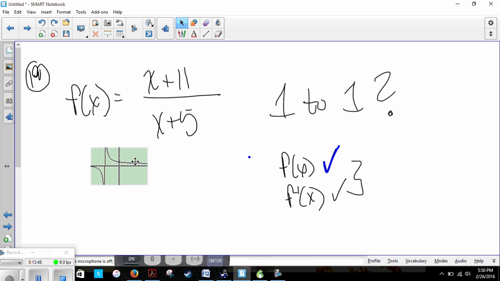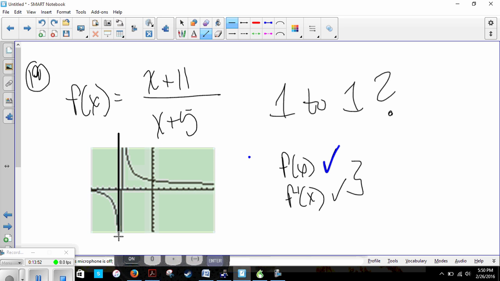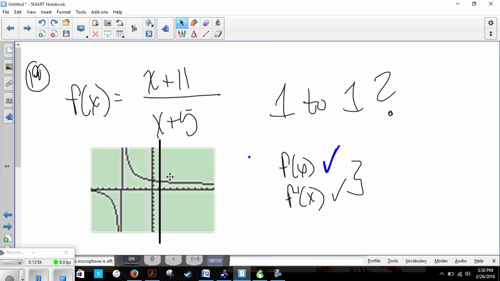Very tiny. You can see that it passes this right this way. That's no problem. Let's check it the other way and check our horizontal line test. And sure enough, we are good to go. Any line that I pass through, it's only going to hit once.